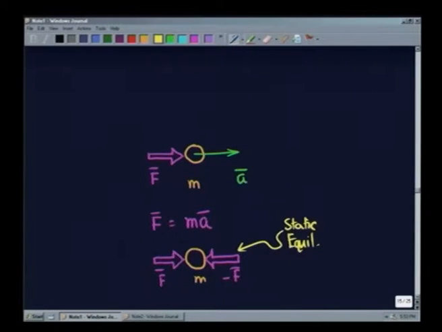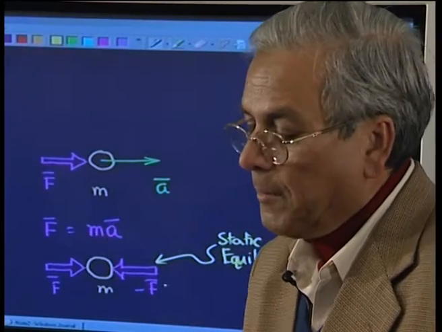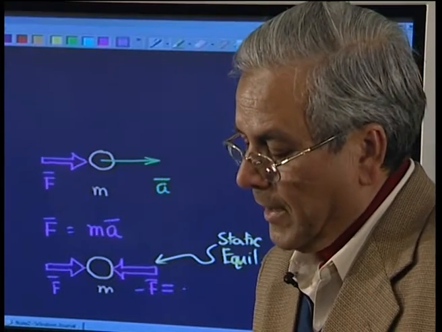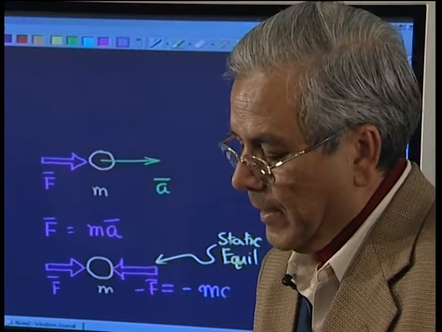So, you can see that this minus F I is nothing but minus m a.